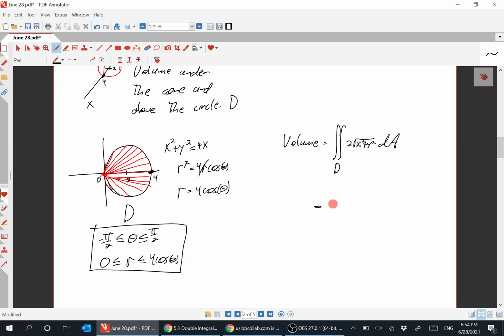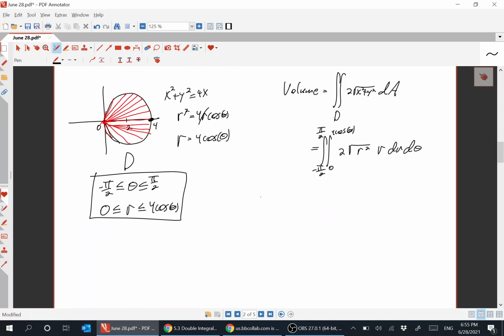Okay, so this is the double integral from 0 to 4 cosine theta, minus pi over 2 to pi over 2. Right, now if we transform to polar coordinates, this is 2 square root of r squared, r dr d theta. The square root of r squared is not r, it's the absolute value of r.